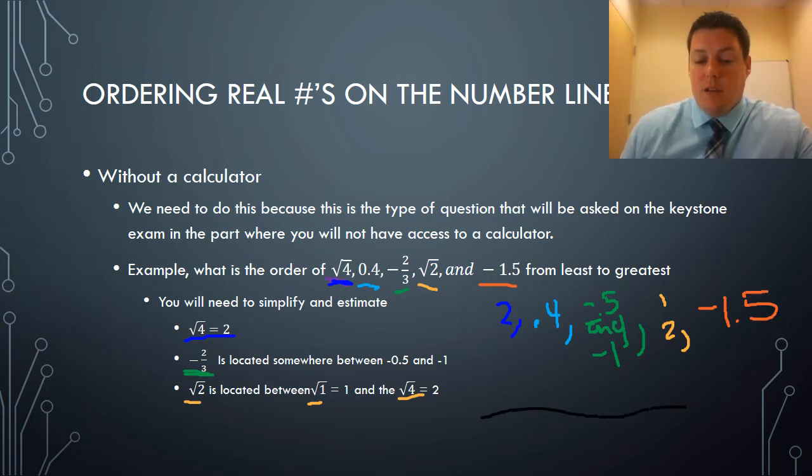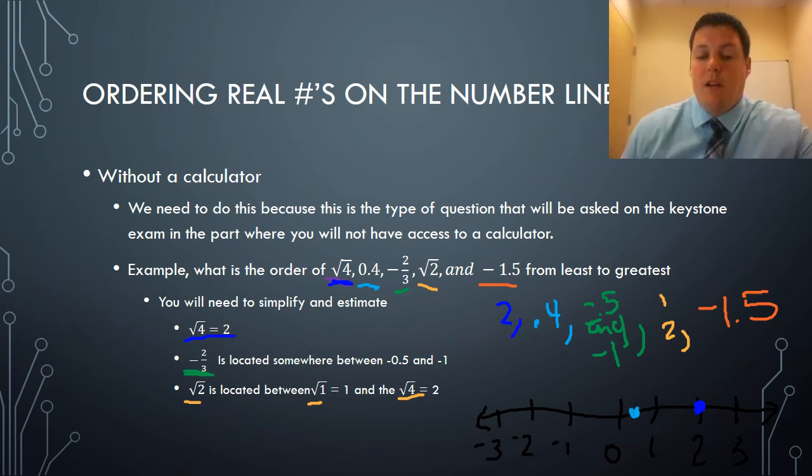So if I draw my number line down here, and I put just values in for my number line, just labeling it, and then I want to plot these points. We're going to start with the 2. Well, 2, we know where it's at. It's right here. So that's going to be our 2. 0.4 is going to be somewhere between 0 and 1.